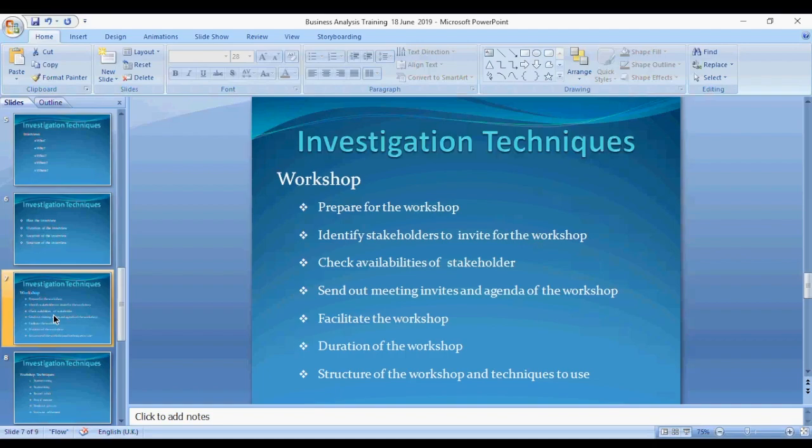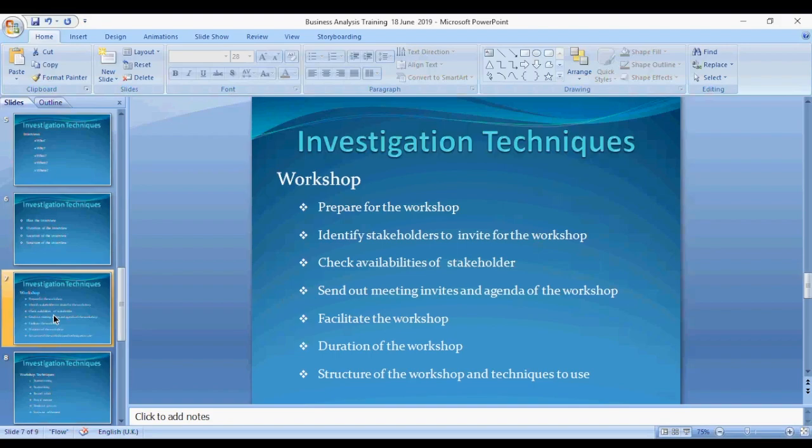The first thing is you need to make sure you prepare for the workshop. You have to be confident to be able to carry out the workshop, because sometimes you may have maybe 12 people or 20 people in a room, depending on how big the project is. Then you have to be able to facilitate the workshop.